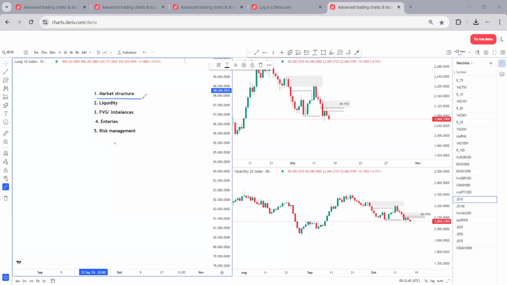So looking at market structure, we know that basically we have three types of markets, which I know you know already. I'm not going to go much into that. We have a bullish market, we have a bearish market, we have a consolidating market.